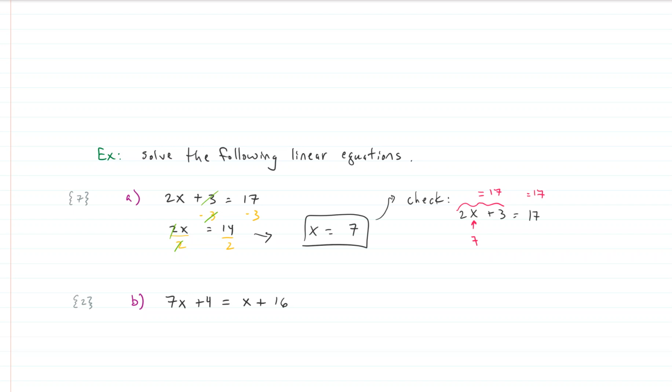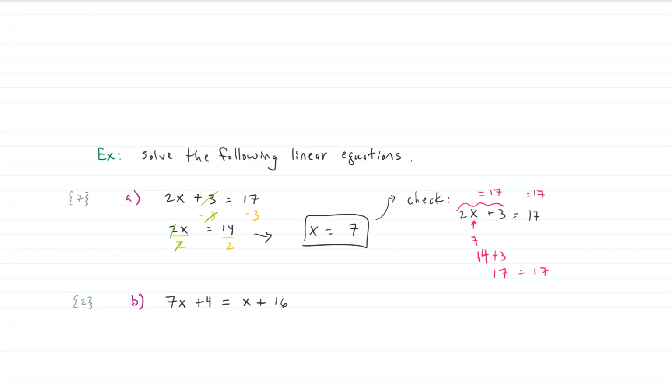So 2 times 7 is 14. 14 plus 3 is 17, and 17 does equal 17. So the number that we solved for, that magical number that made this equation true, meaning the left side equals the right side, is 7.